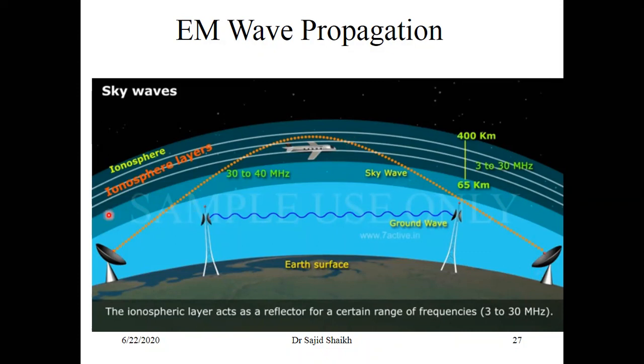This is the second type of communication, suitable for medium wave frequencies. I think skywave propagation is clear. The frequency range is 30 to 40 megahertz.